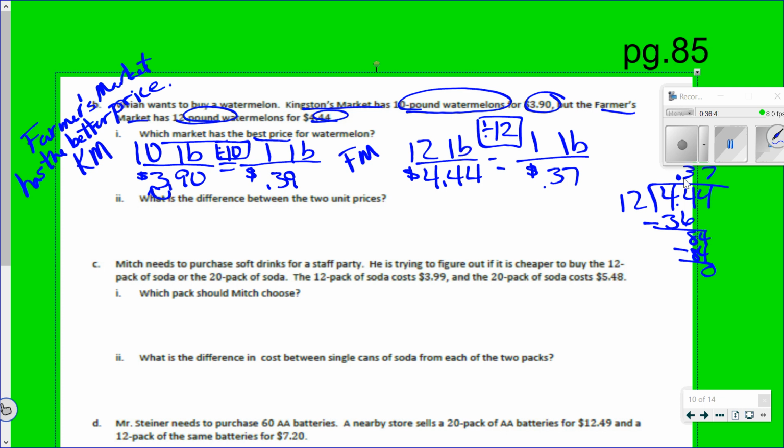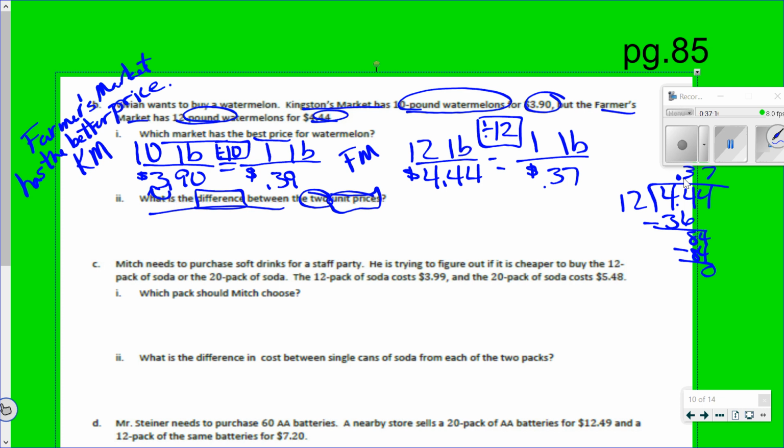Okay, so our next one, what is the difference between the two unit prices? There's our question. What's the difference in the prices? Okay. How did you get that? You divided 39 and 37? Subtracted.